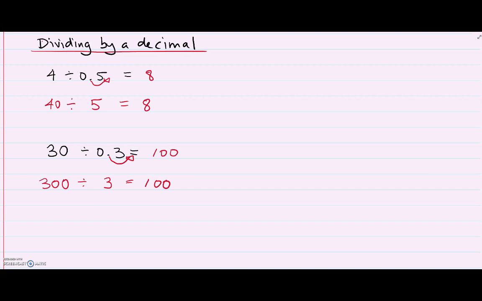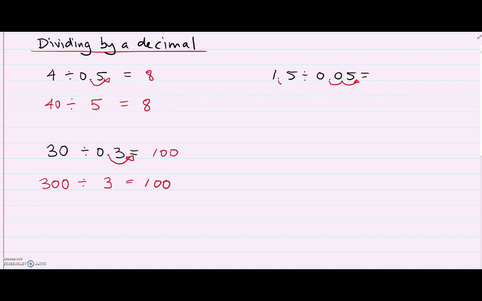Let's do two more. Let's say I had 1.5 divided by 0.05. Well, I don't want to divide by 0.05. I want to make sure that's a whole number. So I'm going to move this decimal point not once, but twice to the right hand side. That's multiplying by 100. And I have to do the same thing to the 1.5 as well.